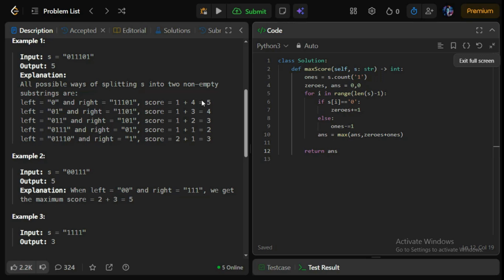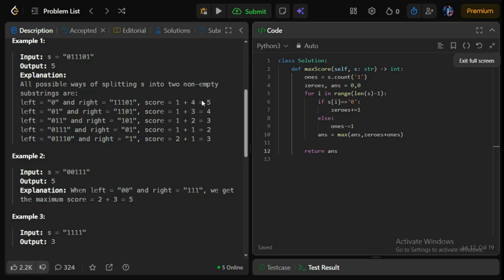In the next run we have 1. That means we decrement ones, and now ones is 3. In answer we take the maximum of answer, which is 5, and zeros plus ones. In zeros we have 0 and in ones we have 3, because this time we got 1.